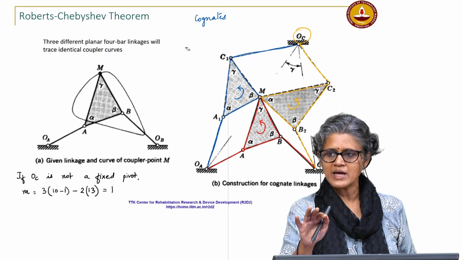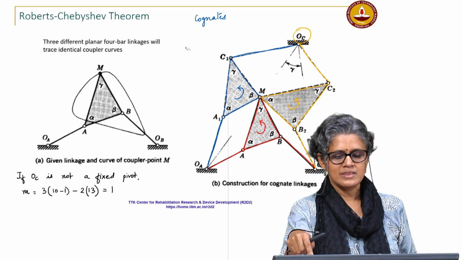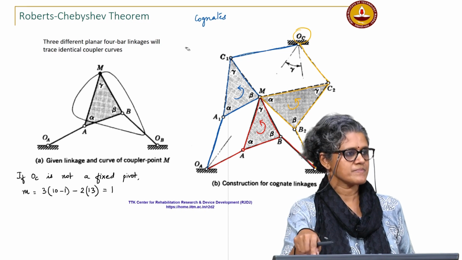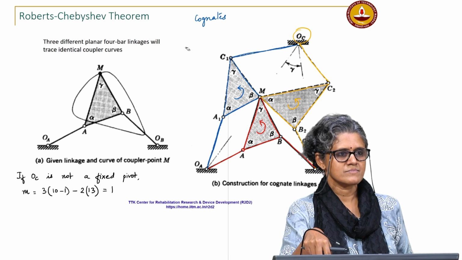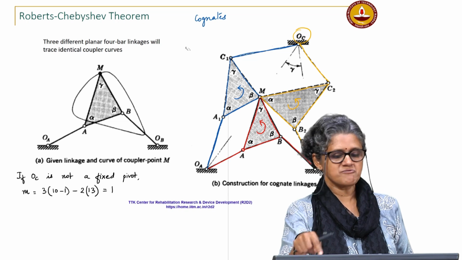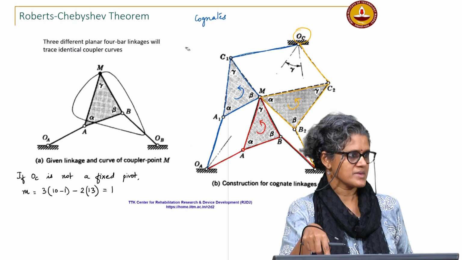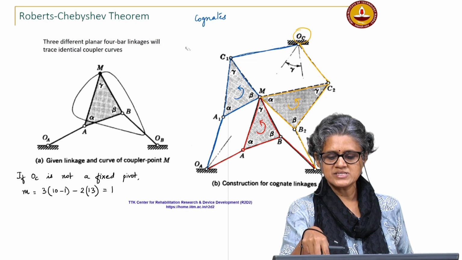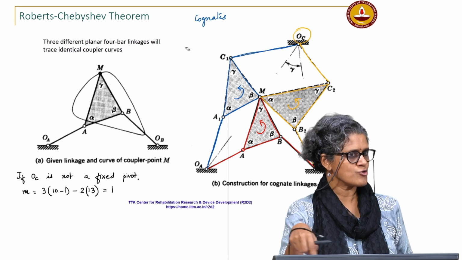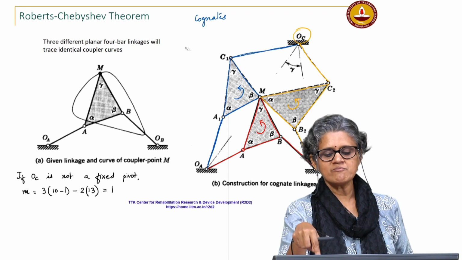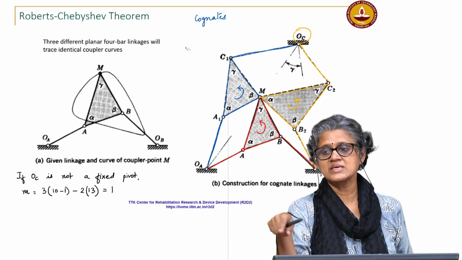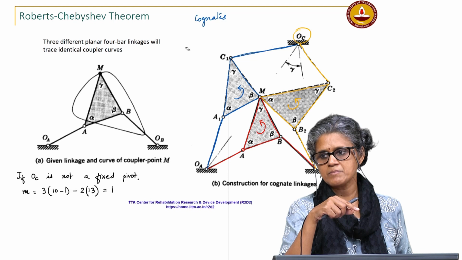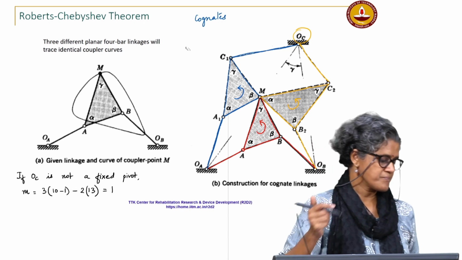So, if I can show that, then that means I can split this into 3 linkages at M. Then I can make OC a fixed pivot and split this linkage at M into 3 separate 4 bars, and all of them will have the same path for M, which means they are tracing the same coupler curve. Okay.